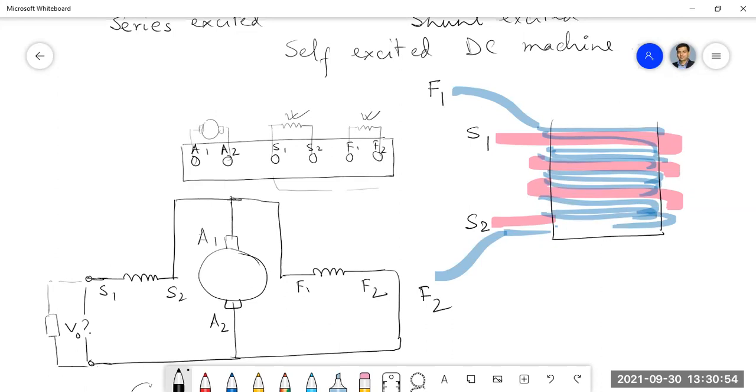Okay, now you tell me that suppose the current directions are opposite. Suppose in one field coil the current in this way, another field coil the current in this way. What would be the problem?